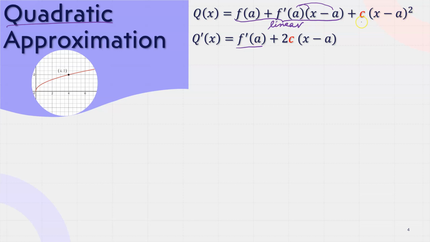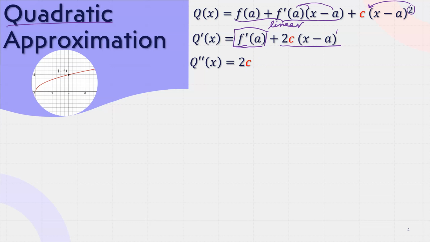And then the derivative of this quadratic part right here, bring the 2 down, you'll have 2c times (x minus a) to the first power. Now, let's take the derivative one more time. So the second derivative of that quadratic approximation: this now is a constant, so the derivative of that is 0. And the derivative of the linear part right here is just 2c.